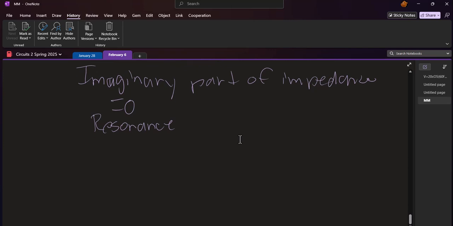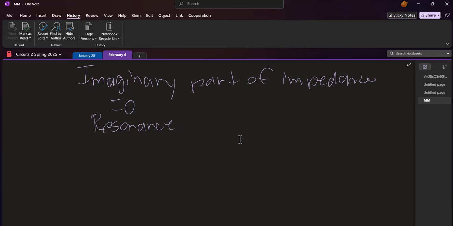Now, could you have just a capacitor and be at the resonant frequency? Because a capacitor has negative j, and an inductor has positive j.